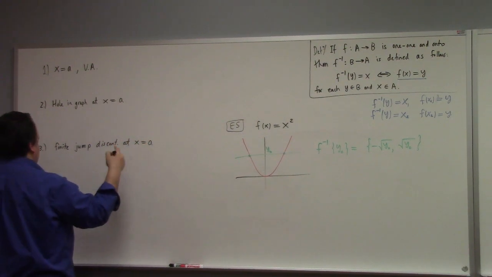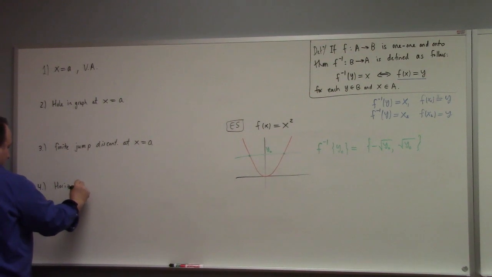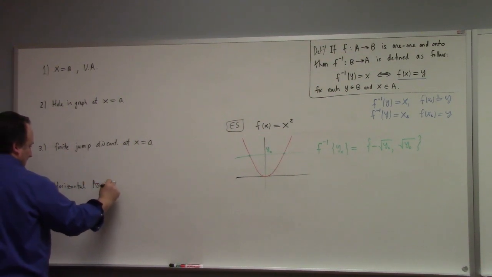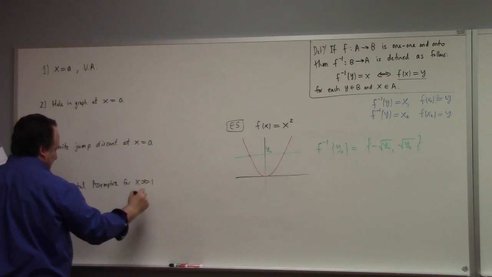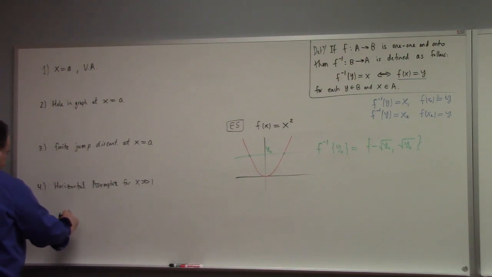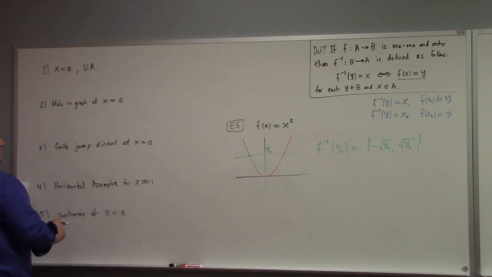How would you define that in terms of limits? If you've got a horizontal asymptote, let's say for x much, much greater than 1, how would you define that in terms of a limit? And finally, last but not least, how would you define continuous at x equals a in terms of a limit?